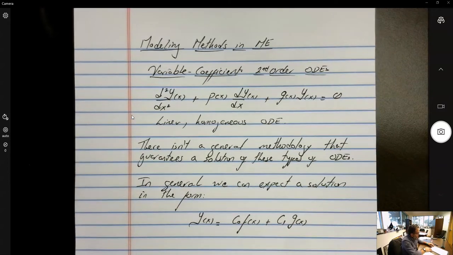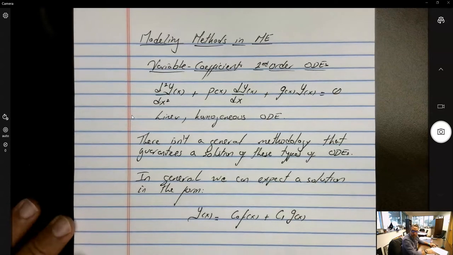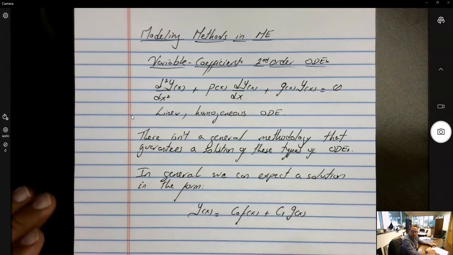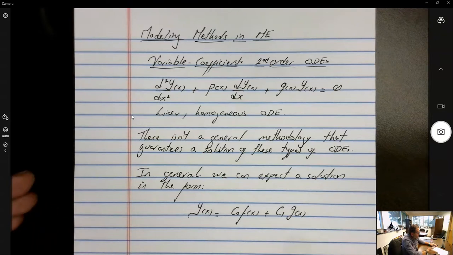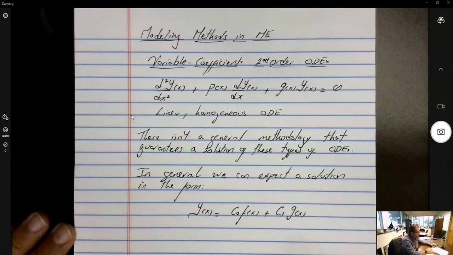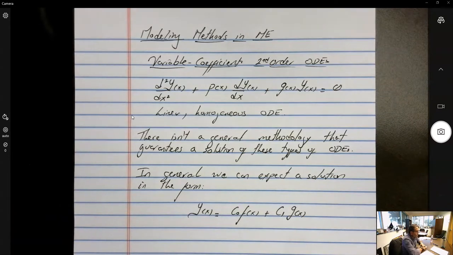So again, this is the only thing that we can infer about this equation. There's no general procedure. A solution of an equation or procedure to solve an equation will depend entirely on what those functions p and q look like.